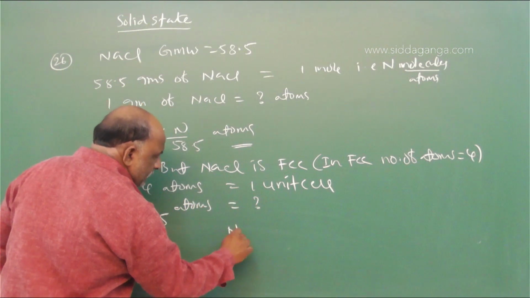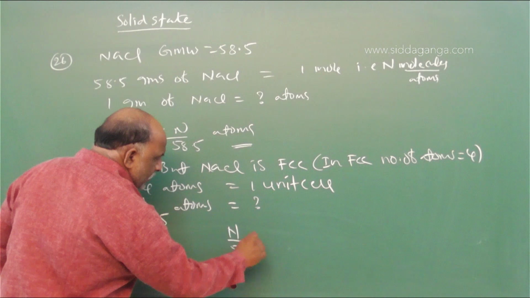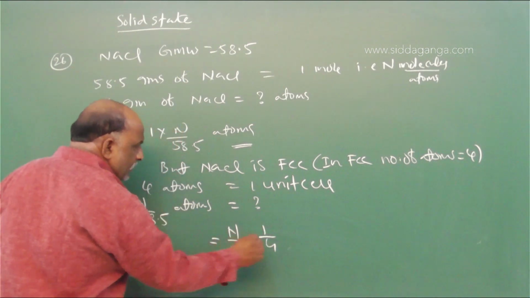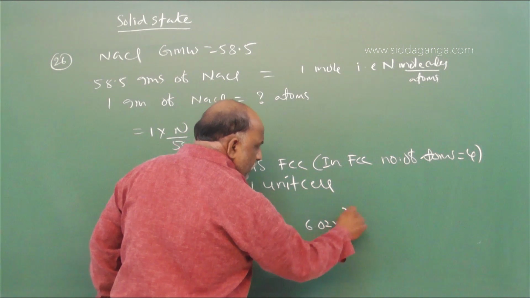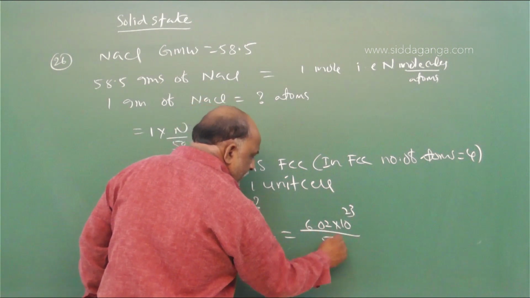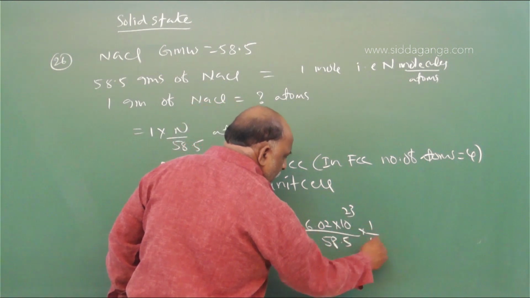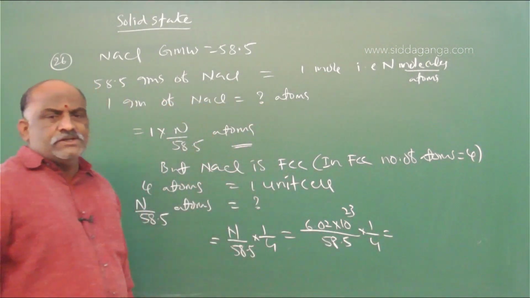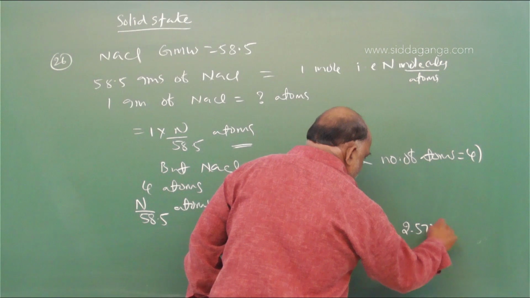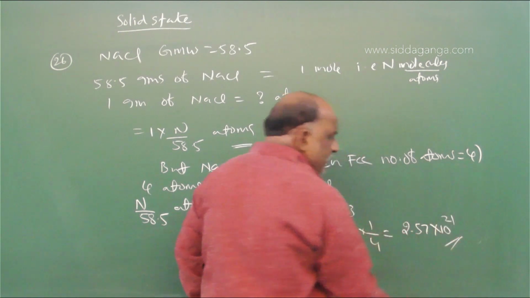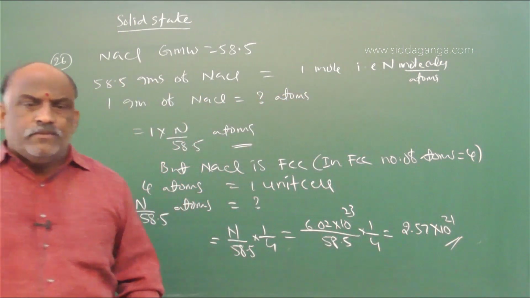So the answer is N by 58.5 into 1 divided by 4. On simplification, we substitute N value 6.02 into 10 power 23 divided by 58.5 into 1 by 4. We will get 2.57 into 10 power 21.